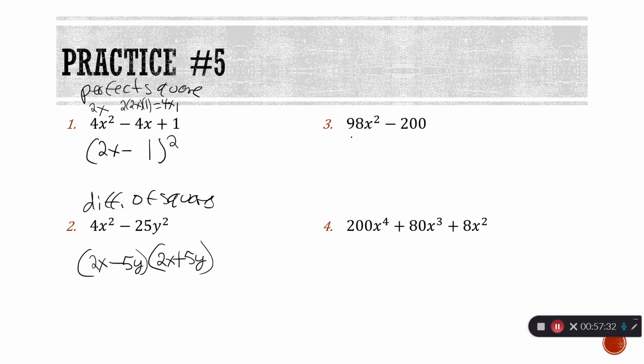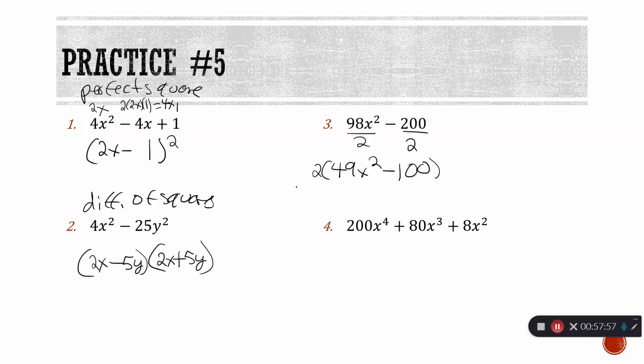Okay, so here, I'm going to factor out a 2. Let's just see what happens when I factor out a 2. Because this is obviously a difference of squares, but 98 and 200 are not perfect squares. But 49 and 100 are. So if I pull out 2, that makes it 49x squared and 100.